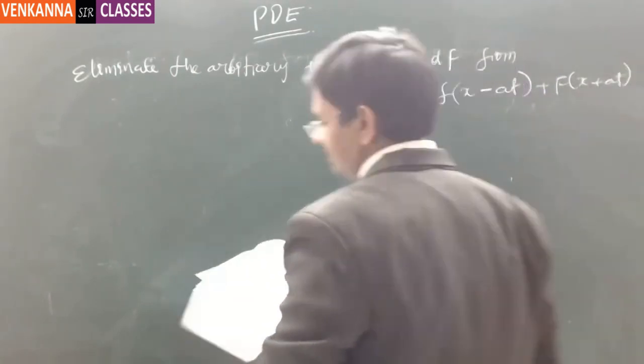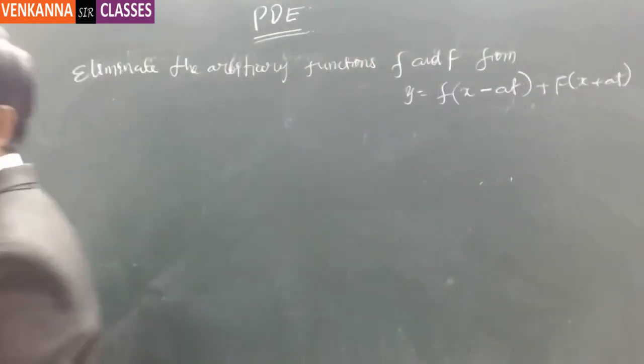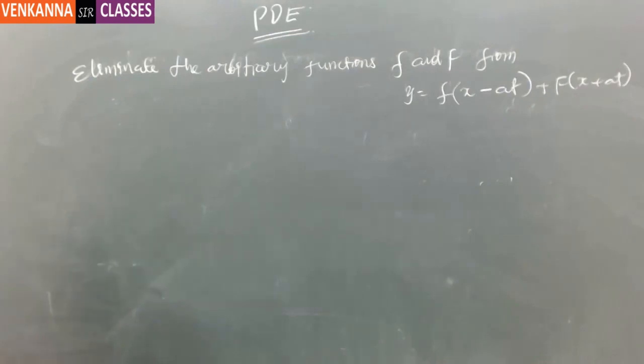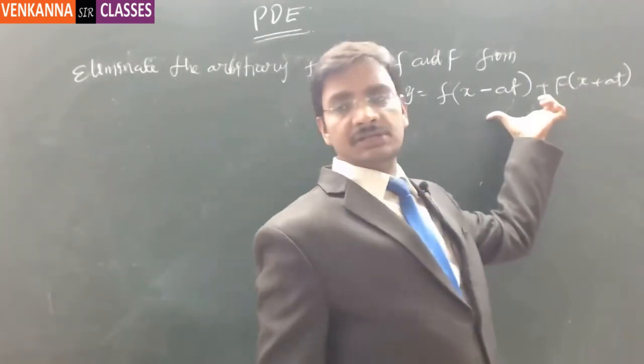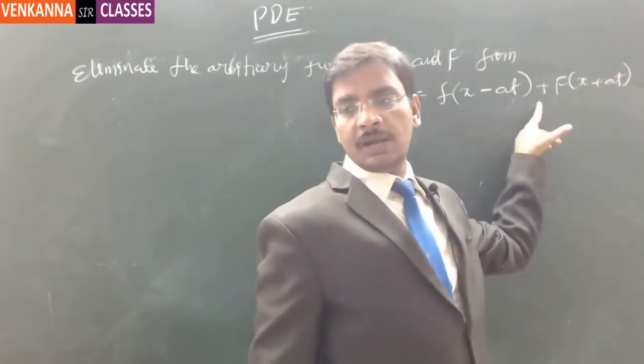So this is actually the solution of a wave equation. Now let us see. There are two different arbitrary functions here, small f and capital F.